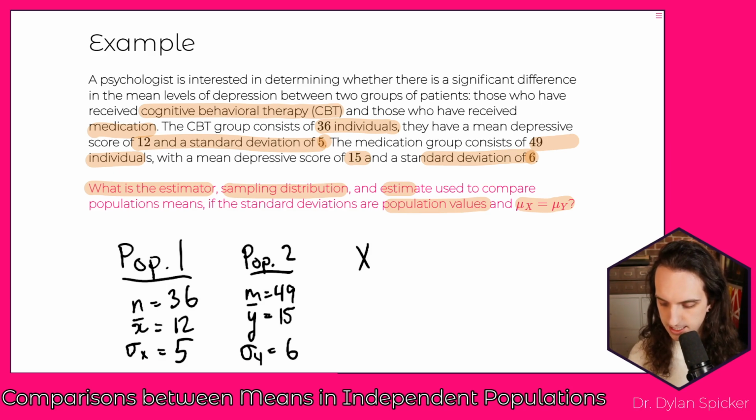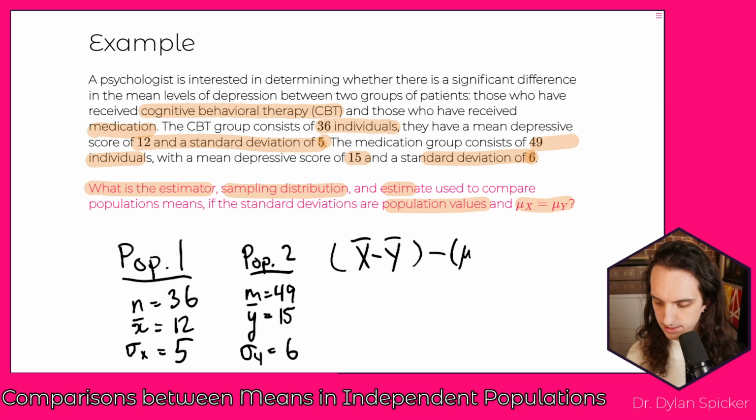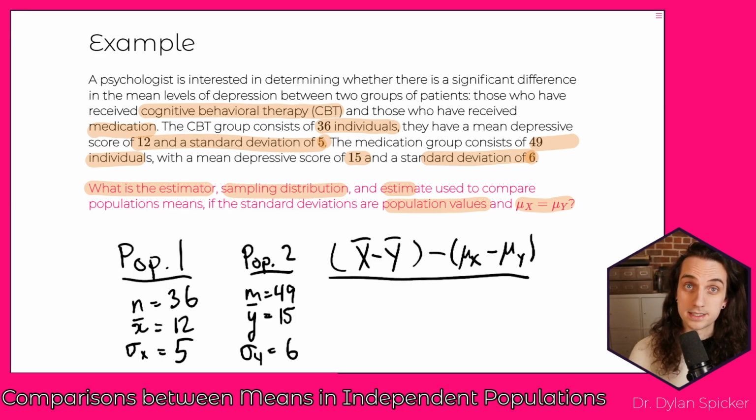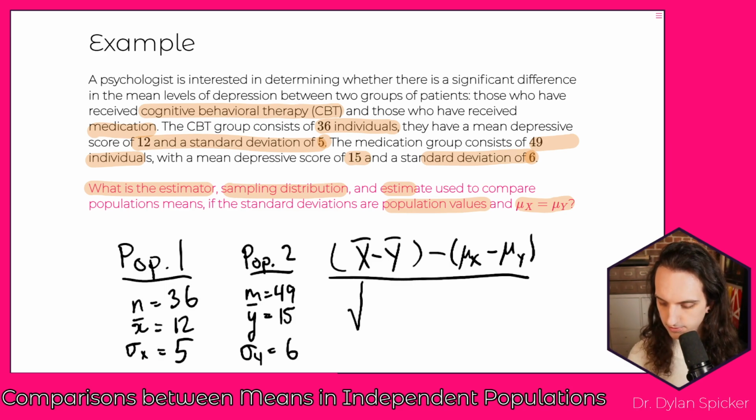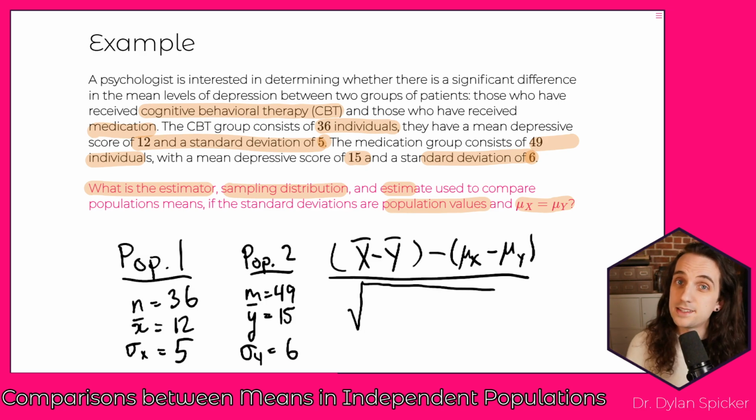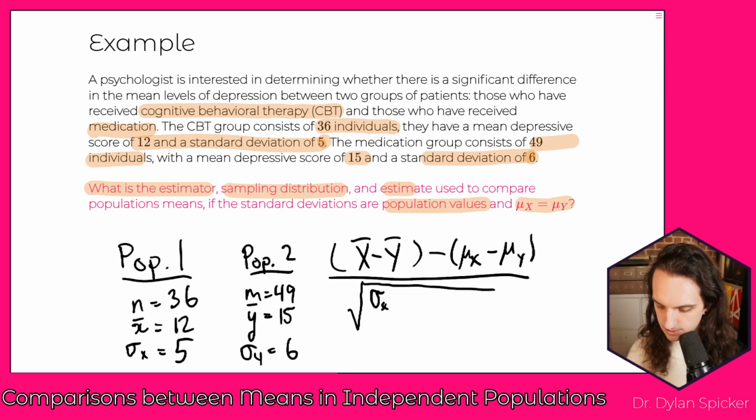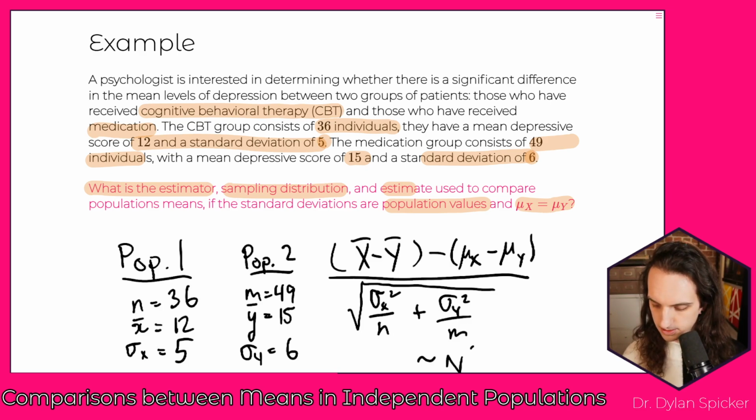And so what we'll do is we'll take x bar minus y bar, we subtract off the population mean, mu x minus mu y, right? And then we divide by the standard deviation, or the standard error if you'd prefer. Okay, and in this case, because we have the population values, we can use sigma x squared over n plus sigma y squared over m, right? And under the case of having the population values, we know that this estimator is going to be approximately a normal 0, 1. Okay.